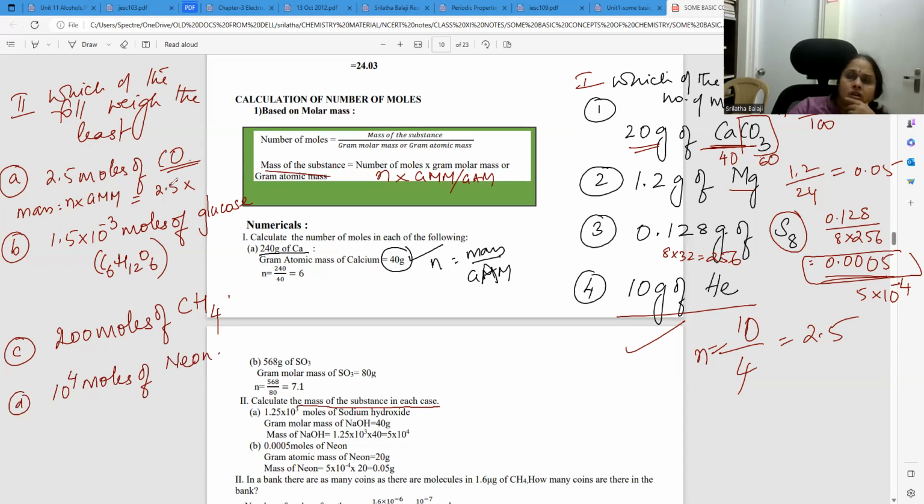Oxygen, how much? Keep the atomic masses chart with you. When I'm taking atomic mass, remember students, we will take it in rounded off values. What are you referring to for atomic mass?